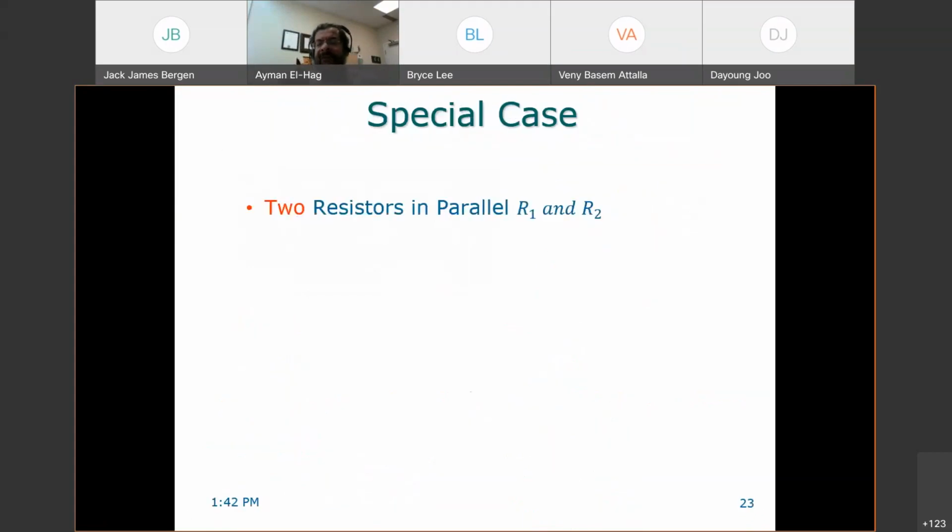Now, if we have two resistors in parallel, this is a special case. If I have two resistors only in parallel, R1 and R2, and I want to find R equivalent, the same thing: 1 over R equivalent is equal to 1 over R1 plus 1 over R2.